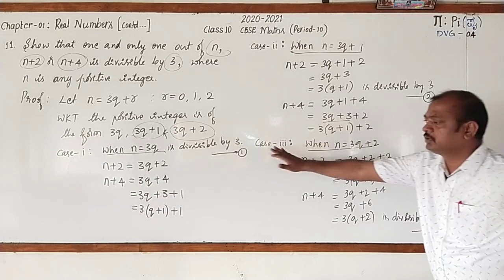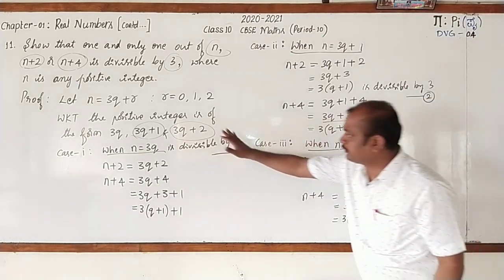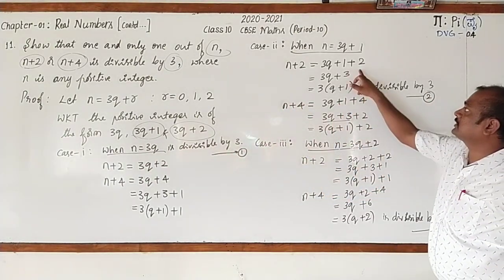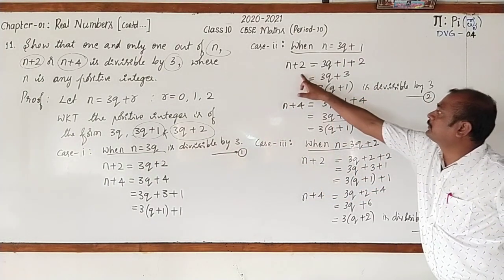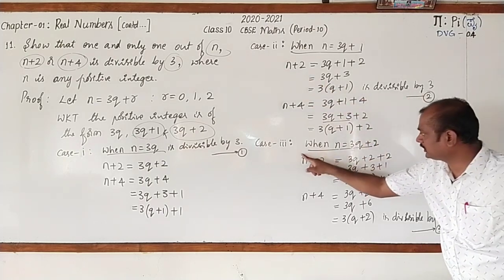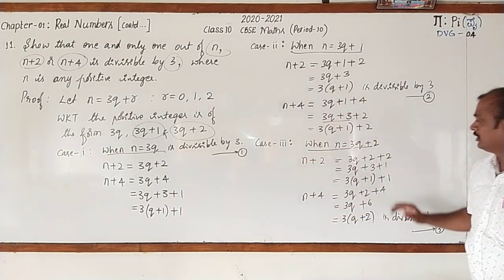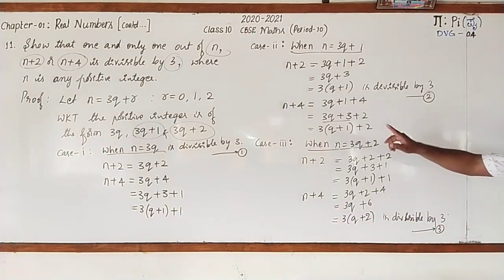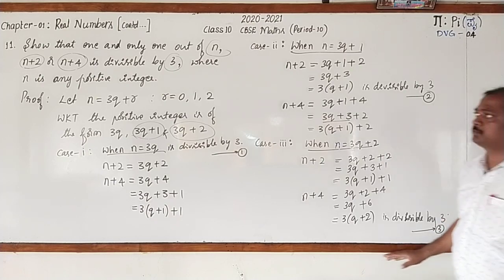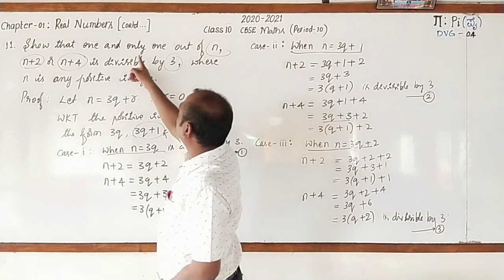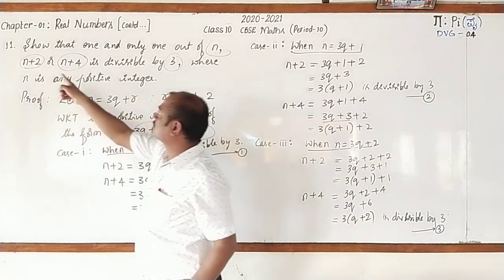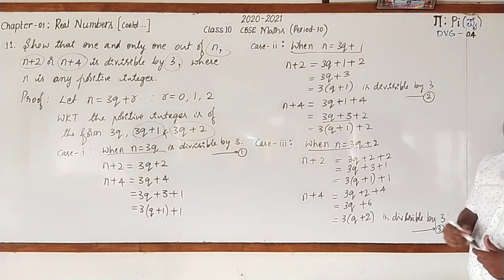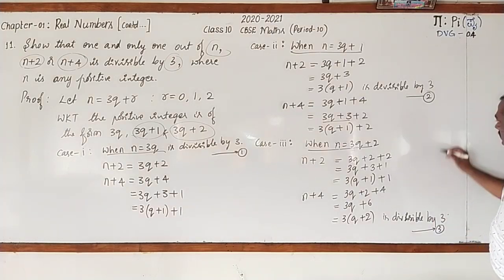You just observe statement 1, 2 and 3. In first case, n is divisible by 3. In second case, out of these three, n plus 2 is divisible by 3. In third case, out of these three, n plus 4 is divisible by 3. So, how do you conclude from these three statements? You can say that one and only one out of n, n plus 2 or n plus 4 is divisible by 3. Clear? So, I'll write the conclusion here.